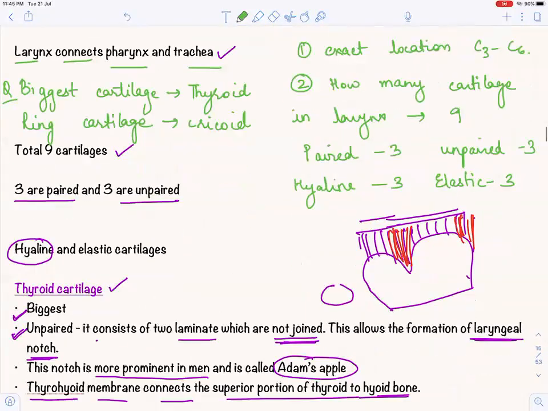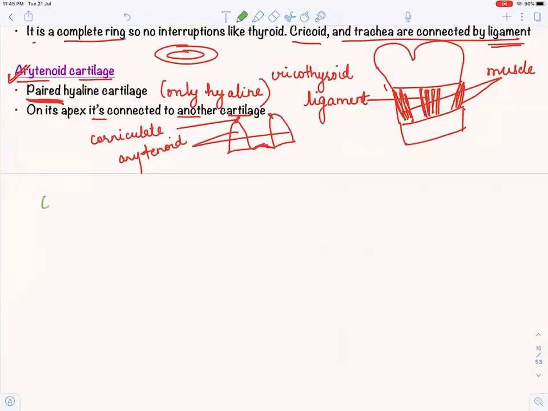Next question. What is Adam's apple? It is more prominent in men. You know this. It is the laryngeal notch.